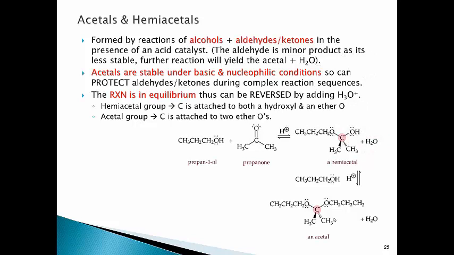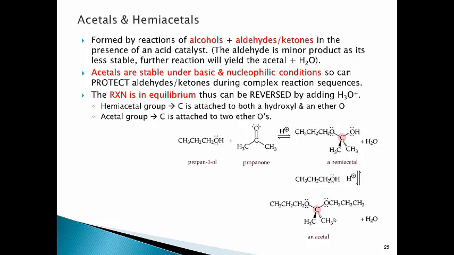So hemiacetals and acetals are formed by reactions with alcohols and aldehydes and ketones, again in the presence of an acid catalyst under equilibrium conditions. So the hemiacetal is the minor product and is less stable. Further reaction will give you that acetal product and some water.